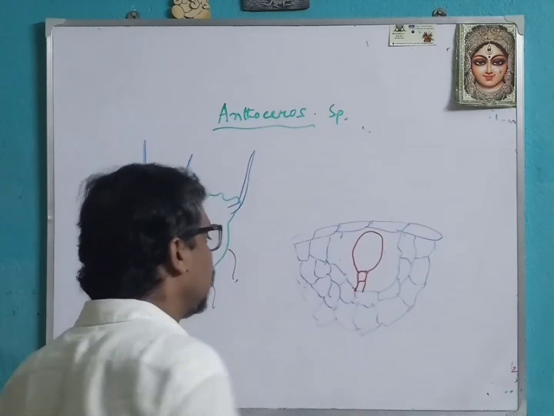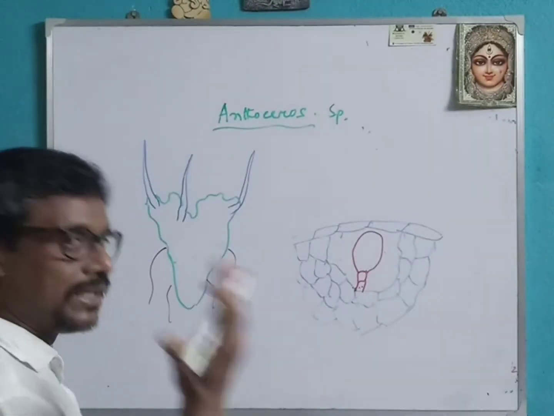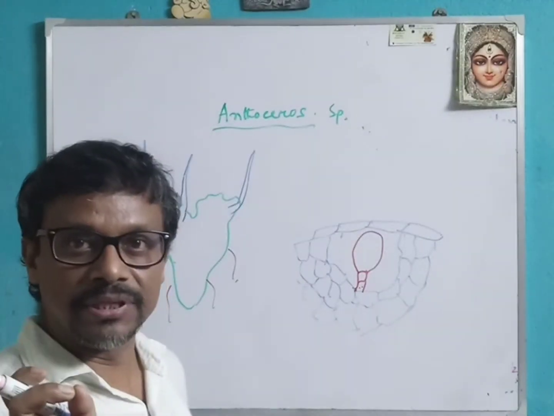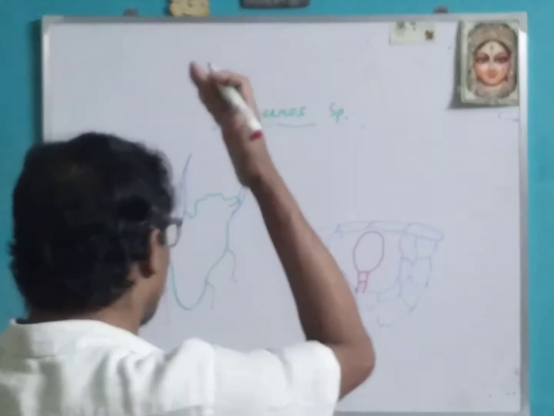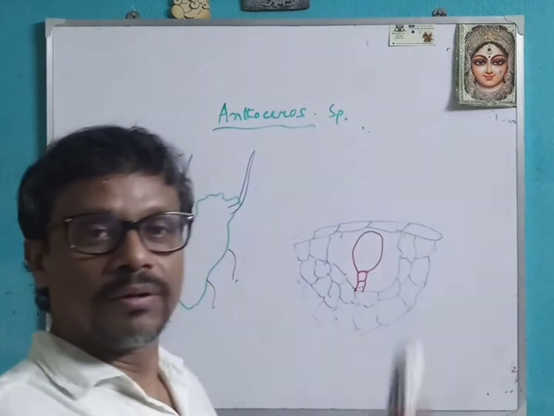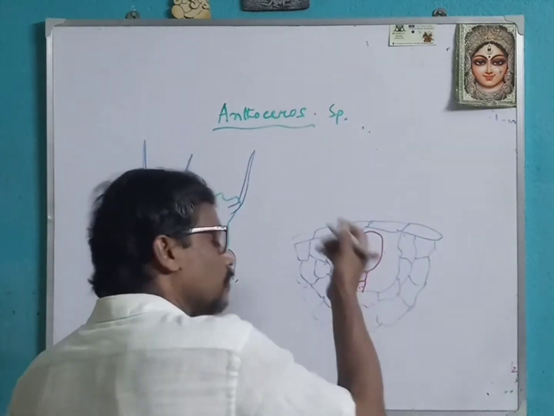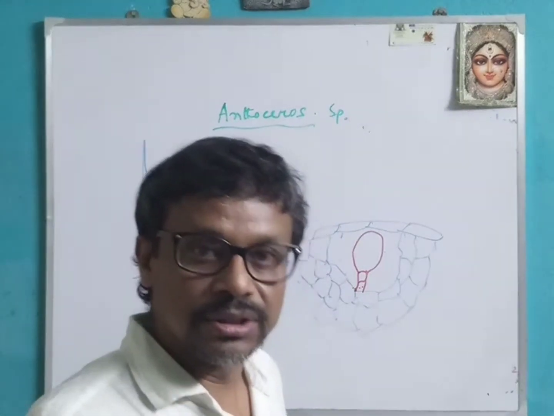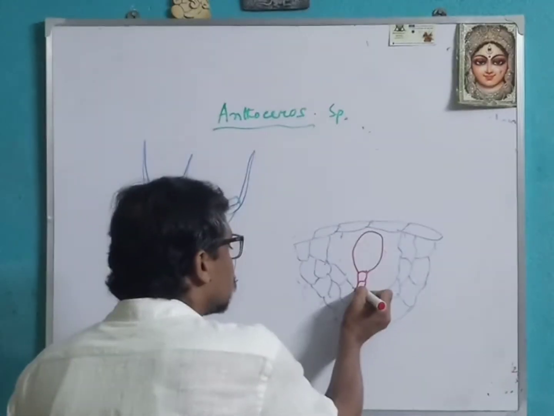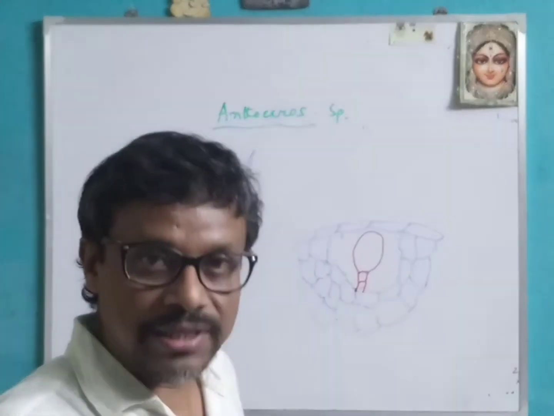Initially, certain cells act as antheridium initials. The antheridium initial is haploid because the total plant body is haploid. The whole bryophyte group is haploid, and those haploid cells divide mitotically to give rise to new cells. First, 2 to 4 or 8 cells are formed.